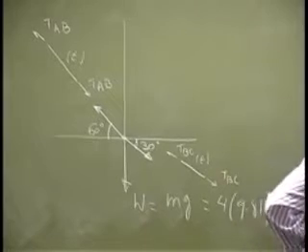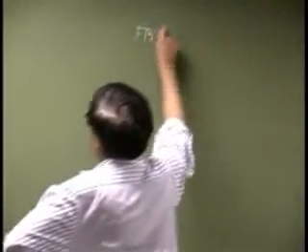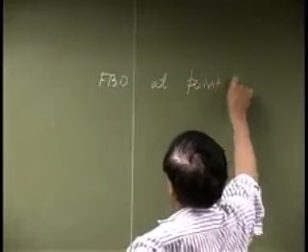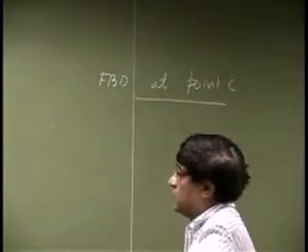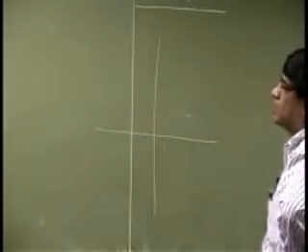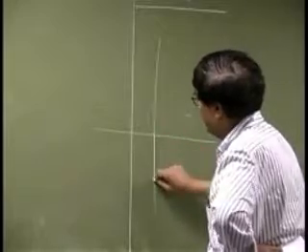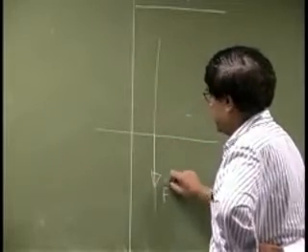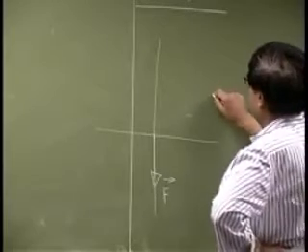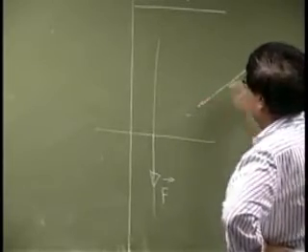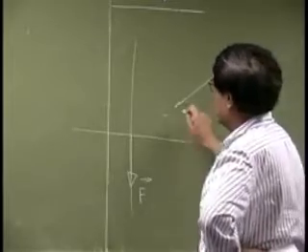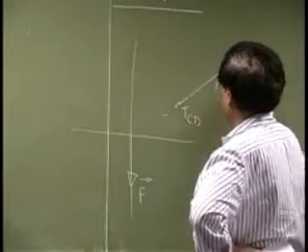Then we're going to draw the free body diagram at point C. So if I look at point C, we have the unknown force going in the downward direction. Then you have the cable with tensions at both ends, and we're going to call this TCD.